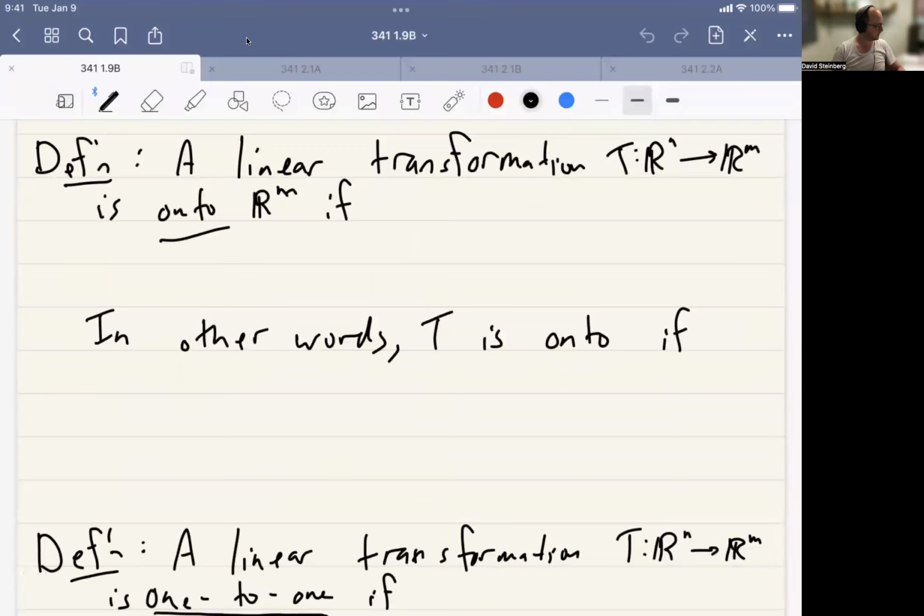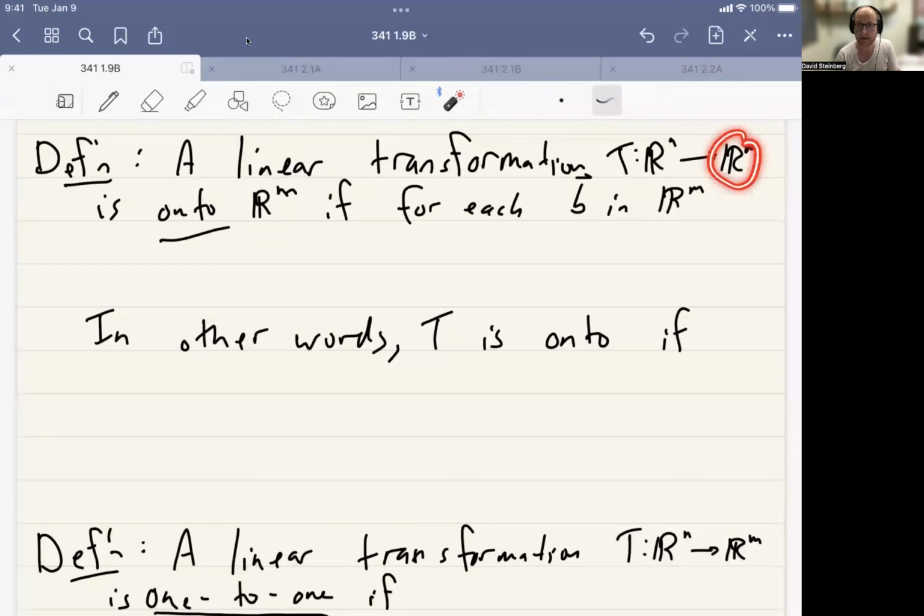A linear transformation is called onto if for each B in Rm, if for each thing in the target of our transformation, we can find something that gets mapped to it.